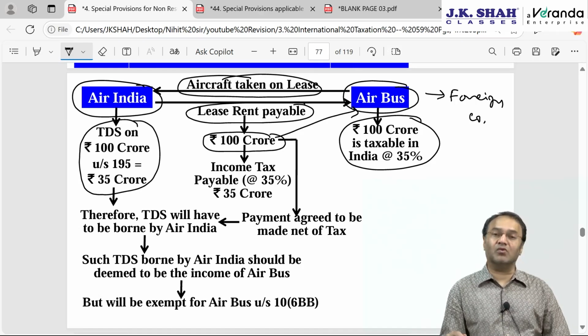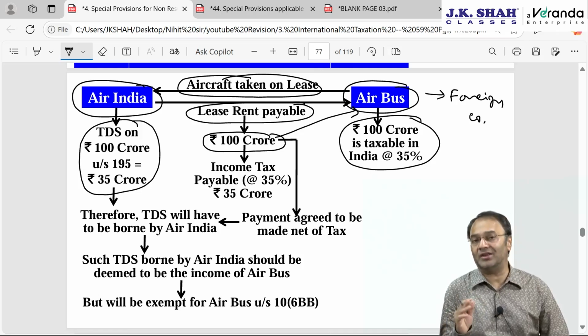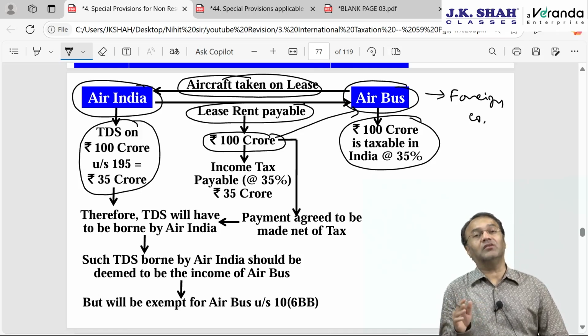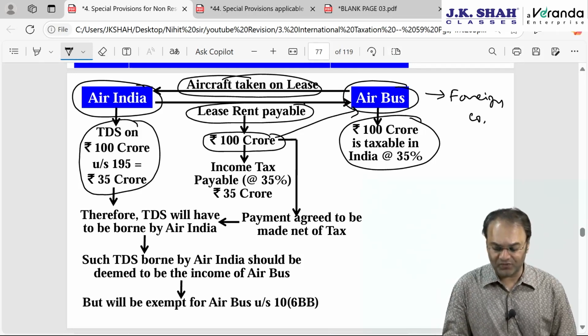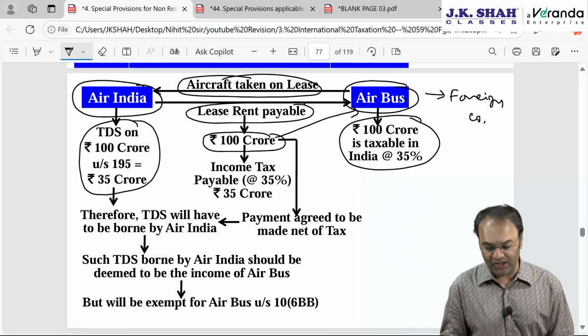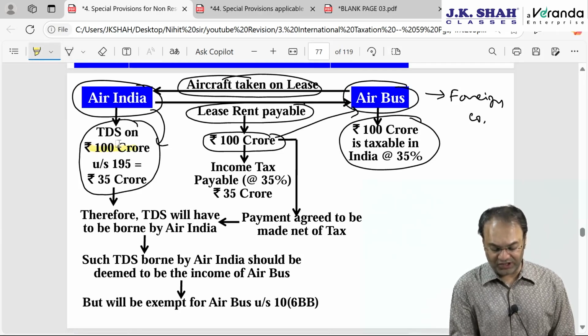TDS will be equal to whatever is the tax payable. Section 195 does not have its own tax rate. It says tax is to be deducted either at the rate applicable or at the rate given in DTAA, whichever is lower. Assuming 35% is lower or there is no rate given in DTAA, Air India is supposed to deduct 35 crore as TDS.